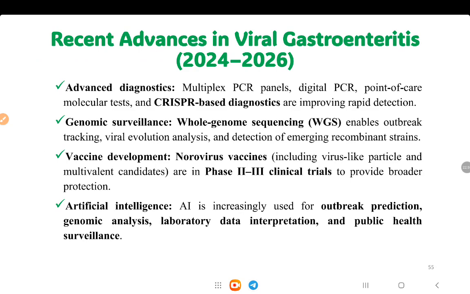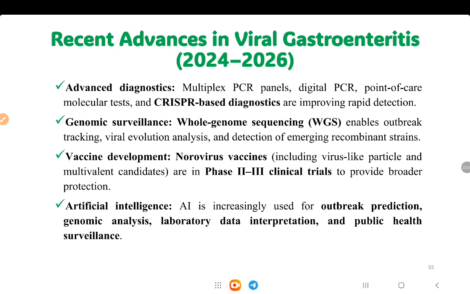Recent advances in viral gastroenteritis, 2024 to 2026. In this final scientific section, we will review some of the most important advances in viral gastroenteritis research and laboratory diagnostics between 2024 and 2026. One of the most significant developments is the improvement of molecular diagnostic technologies used for diagnosing these patients.